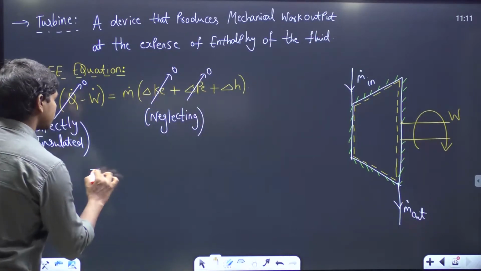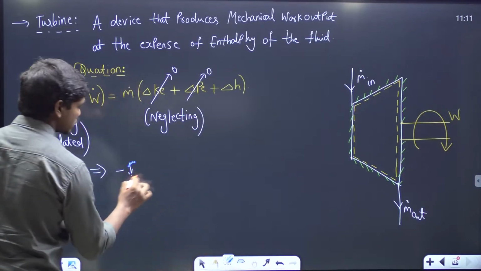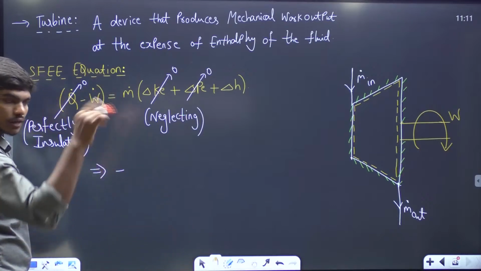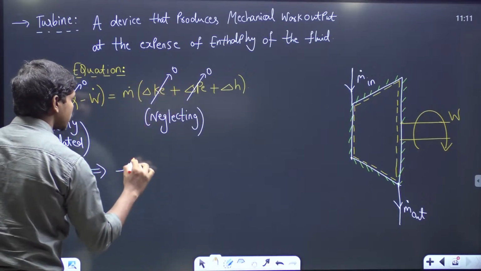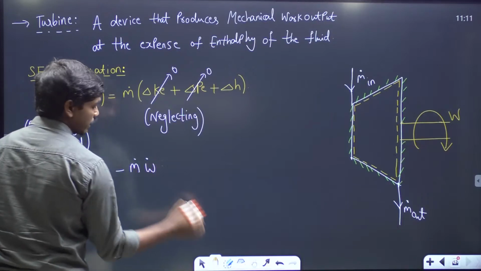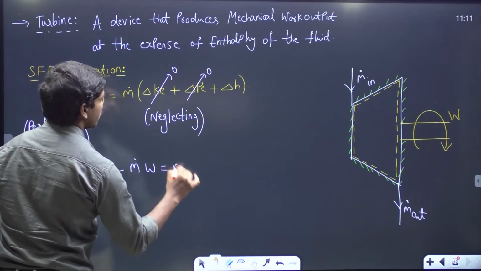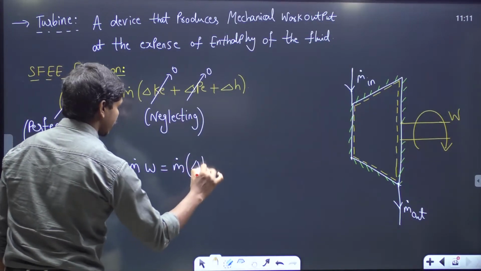So minus W dot is the total work output from the turbine. Let us write this as m dot into w. So m dot into w is equal to m dot into delta H.